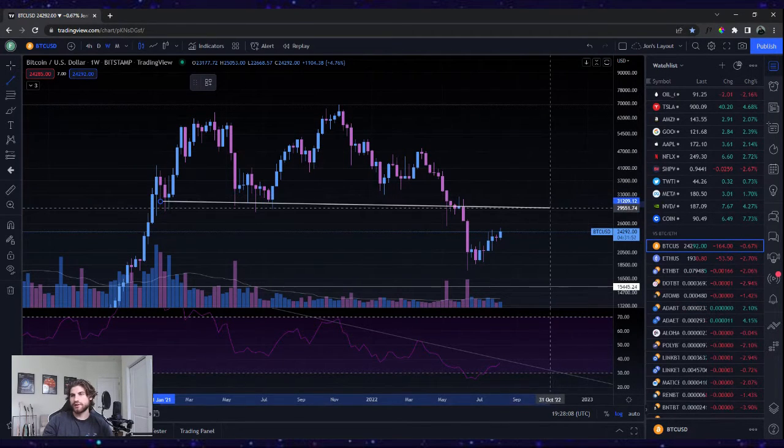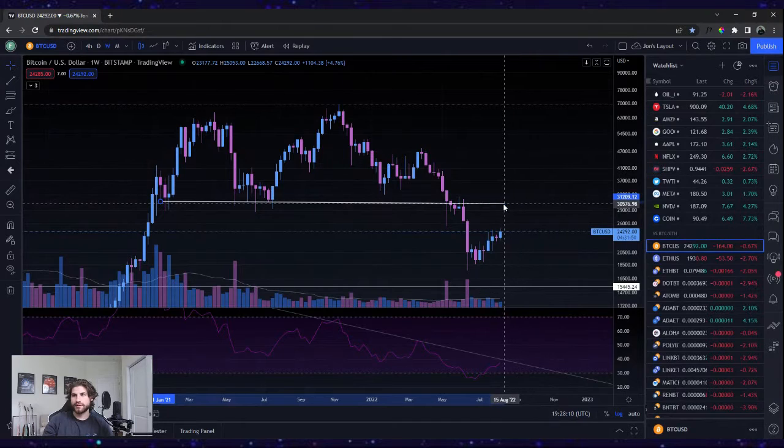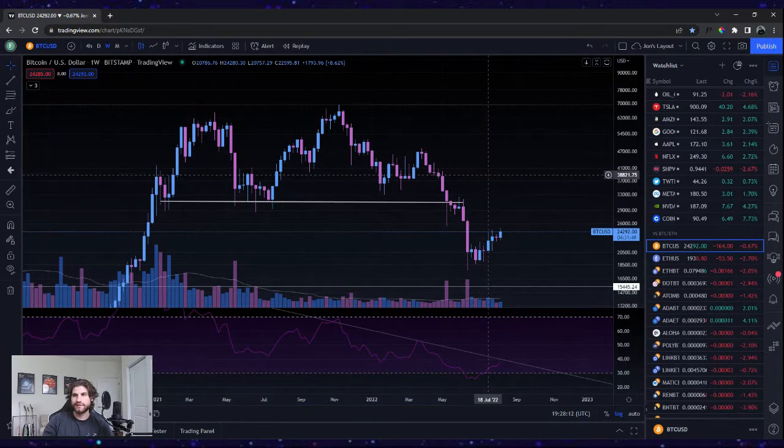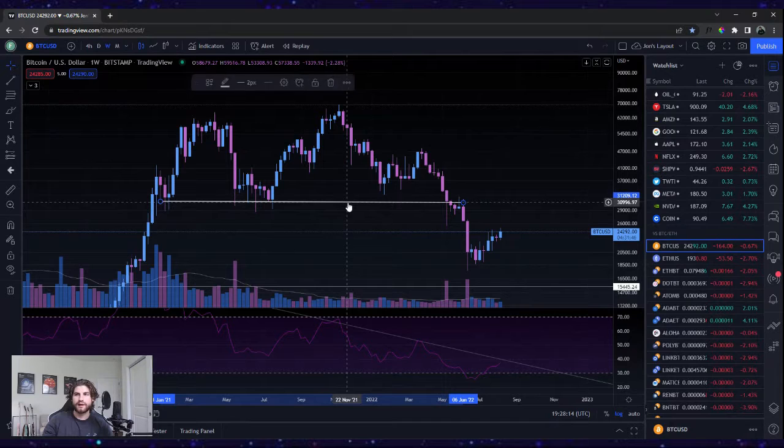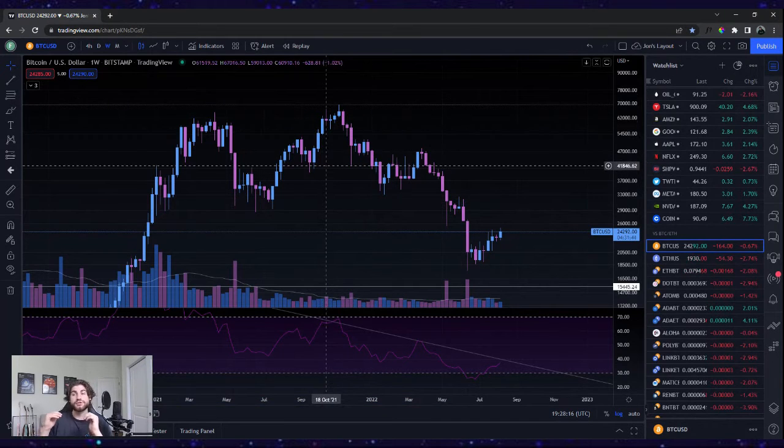Then you get to draw all these really subjective, nuanced lines on what's referred to as support or resistance, right? Support is an area that you would look towards for the price to hold and then continue up from, right?